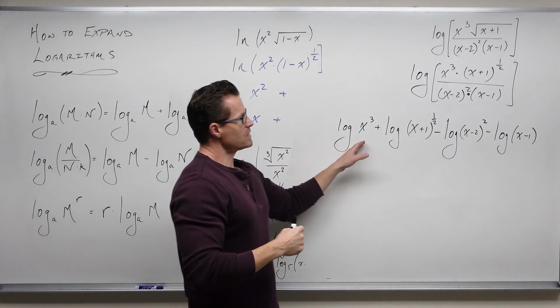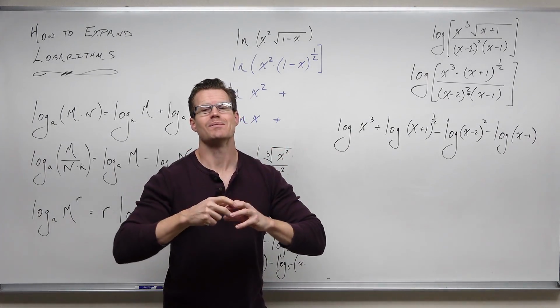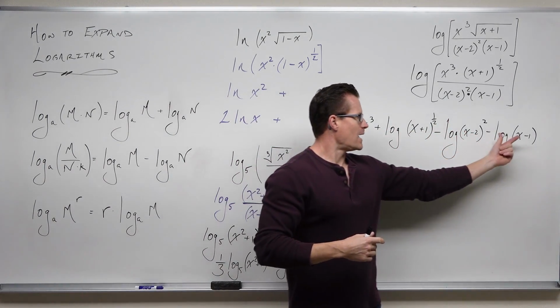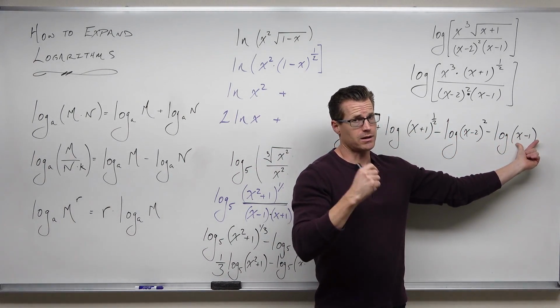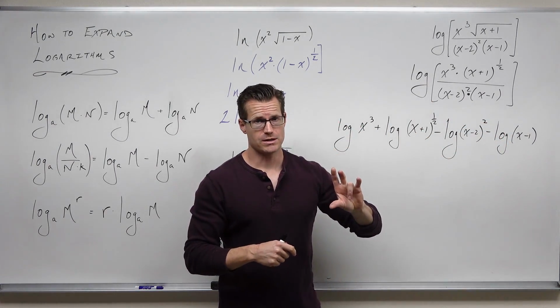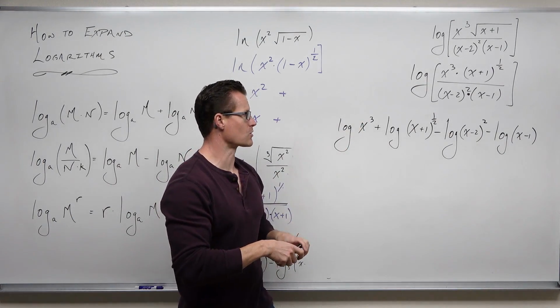We reevaluate each of these logarithms and look to see if they have anything else holding that argument together that can be expanded. In these cases, just a few exponents. So x minus 1 is factored, you cannot expand subtraction. X minus 2 to the second power, we can move that 2. This 1/2, yeah, we can move that to the front as a coefficient, and so can the 3.